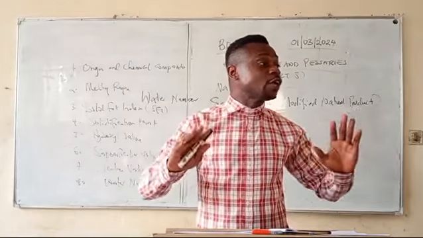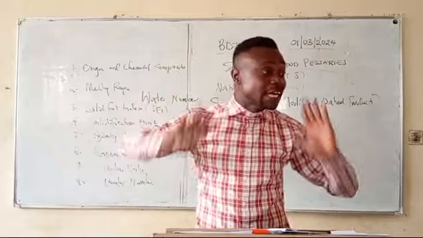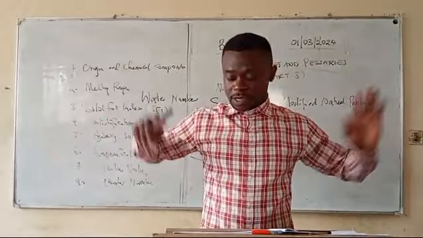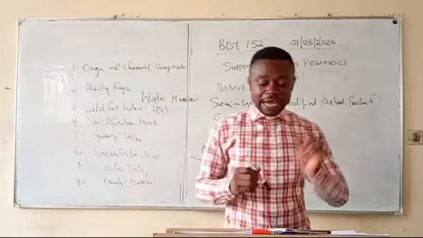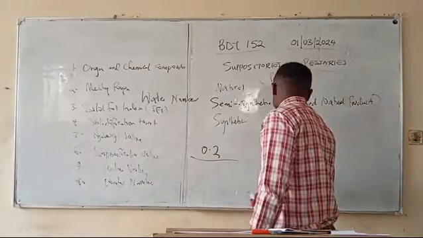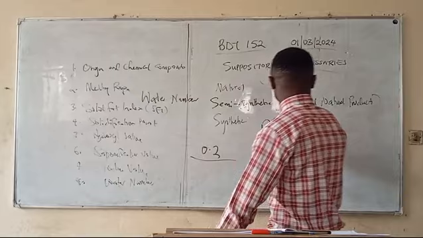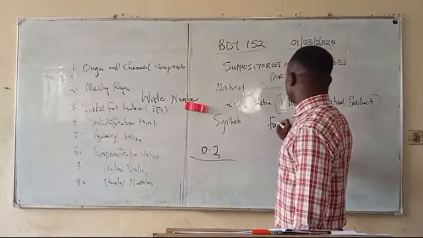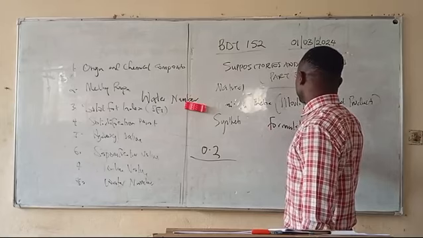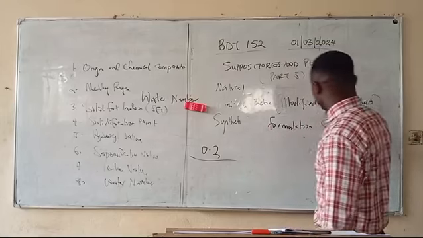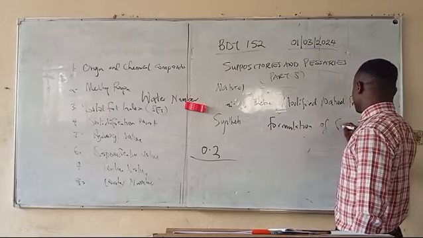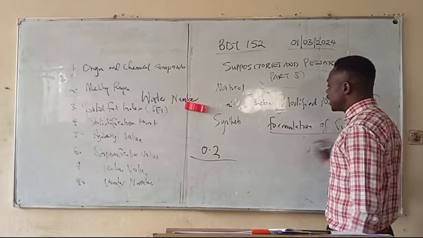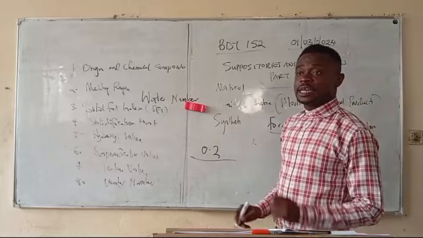In summary, we are entering into the formulation of suppositories. We are starting with the base. Under the formulation of suppositories, let me make it clear so that you know what we are talking about. Under this, we look at the ingredients.